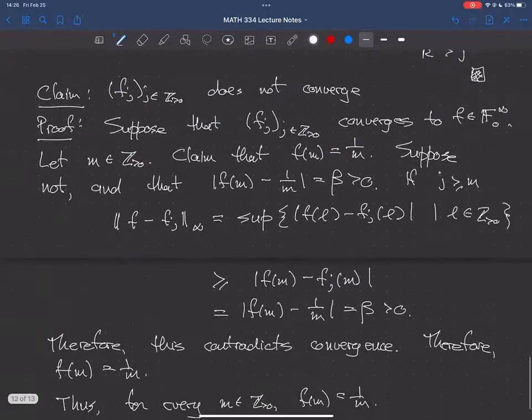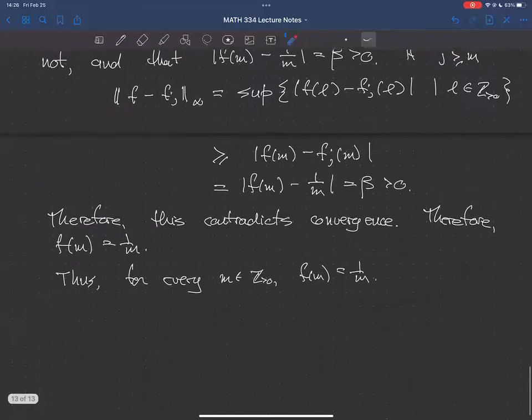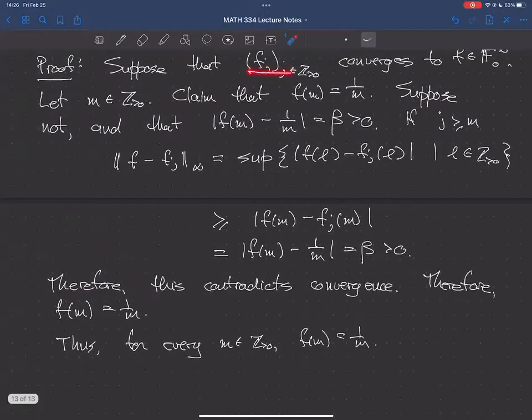So what have I done? I've shown that starting from the assumption that fj converges to f, so f is the limit of the fj's, first I showed that for a fixed m, f of m must be equal to 1 over m. And I did this by contradicting convergence. Now, because m is arbitrary, I must have that if fj converges to f, then f satisfies that equation for every m.